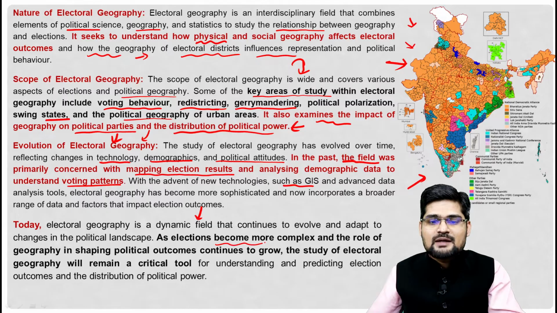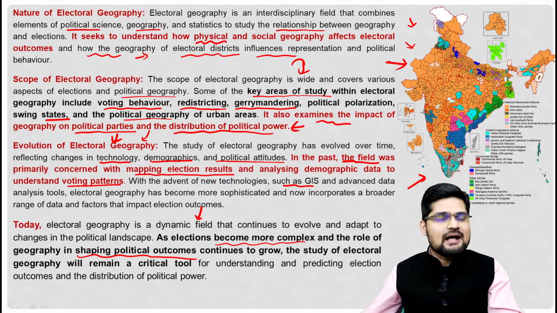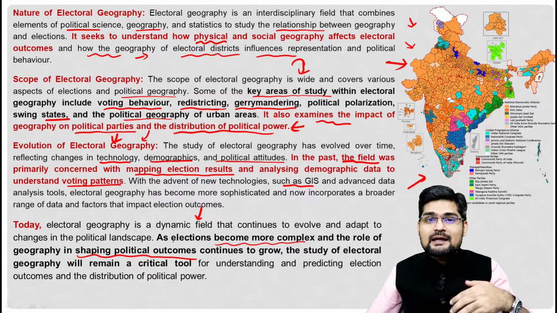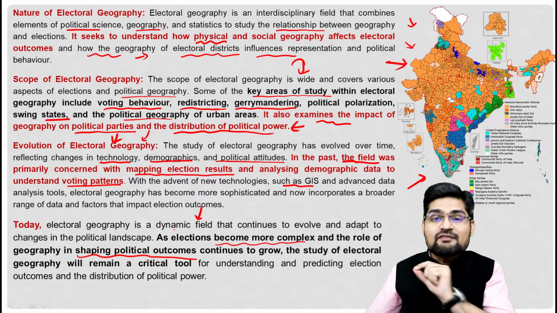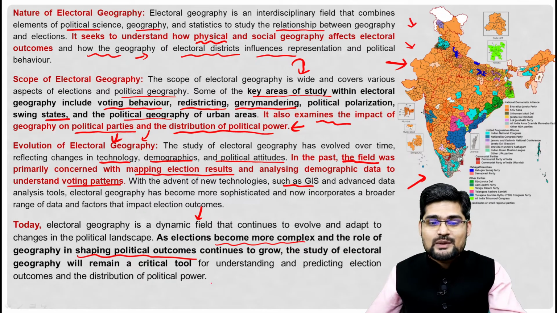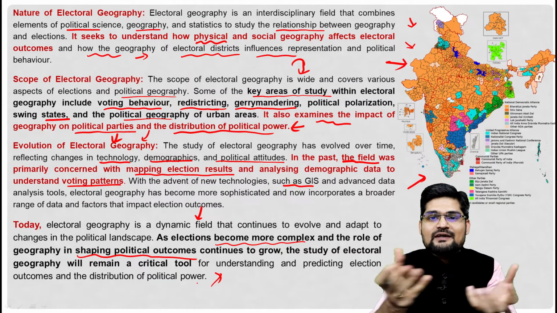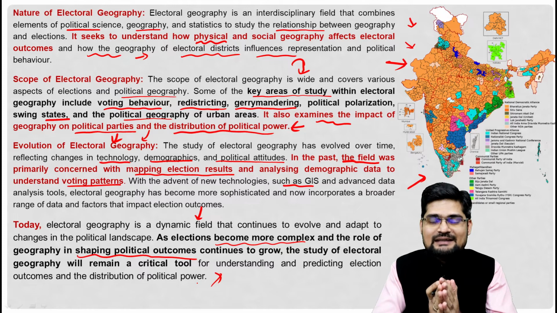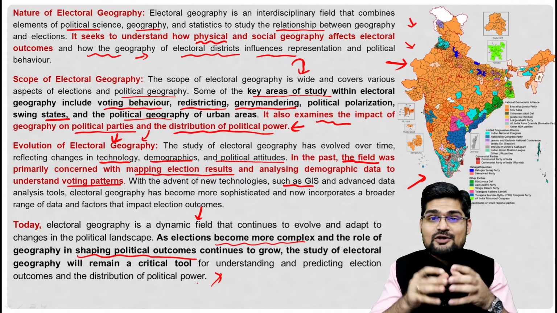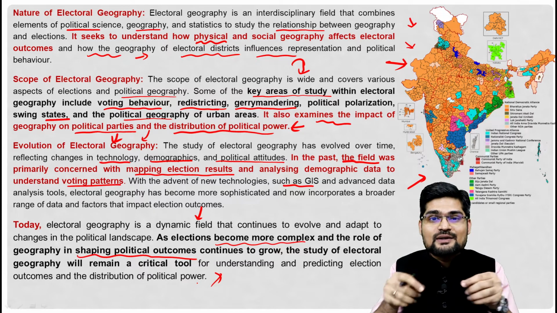So elections became more and more complex, and the role of geography in shaping these election outcomes, political outcomes, became more vital and is of definitely great relevance in today's world as well. So with every election coming in, we keep looking into this particular spatial analysis as well. That's why we say that electoral geography is really significant in today's world as well.